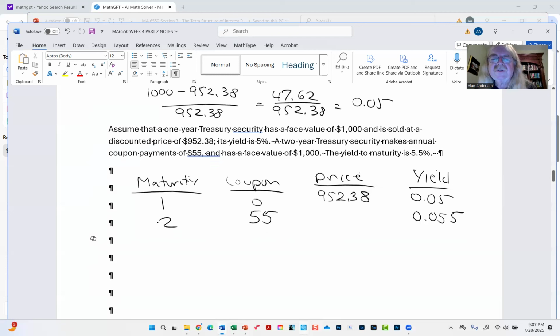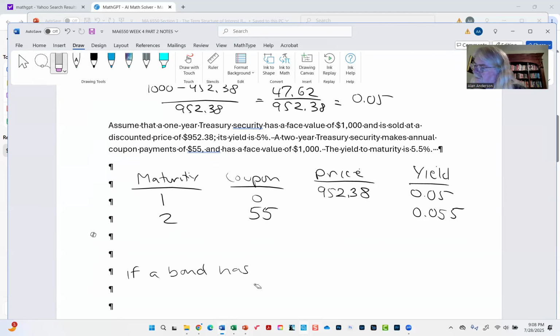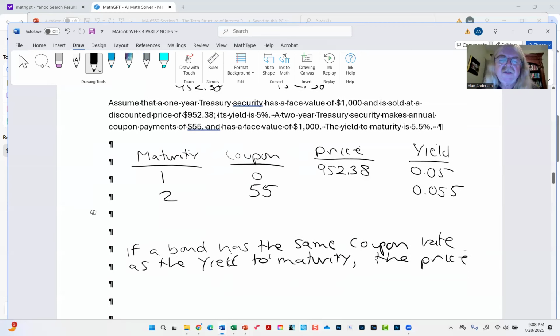It turns out that one of the interesting results in fixed income markets is that if a bond has the same coupon rate as the yield to maturity, the price equals the face value.